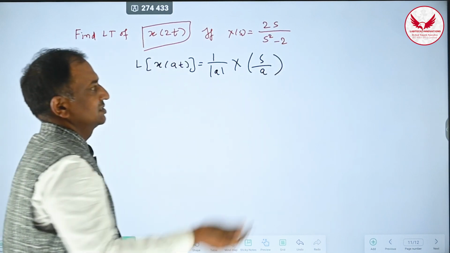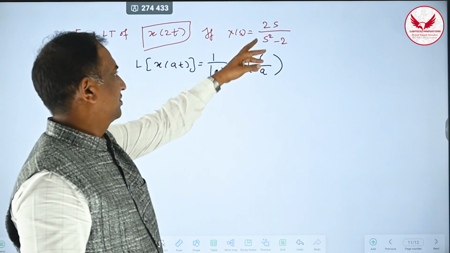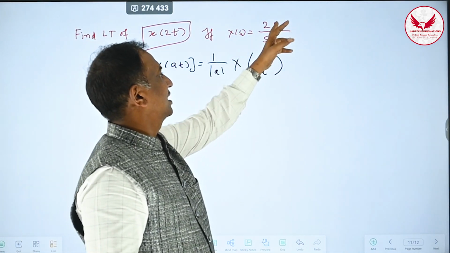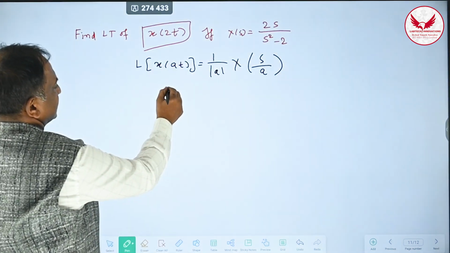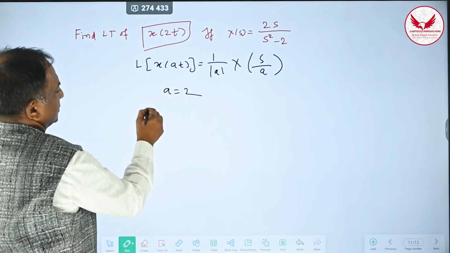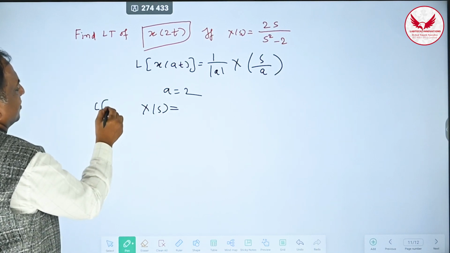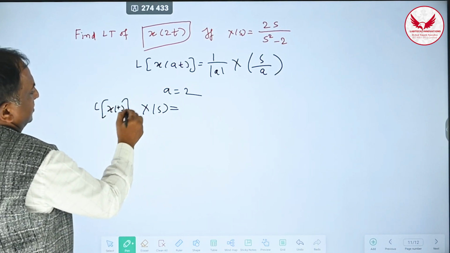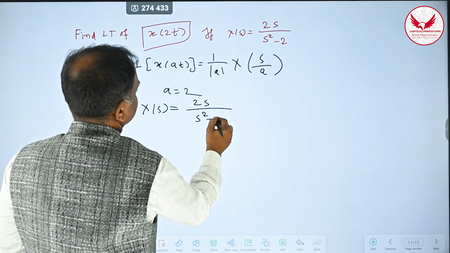You just recall this property. x of s is given, and wherever s is there, you replace s by s upon a. Comparing, a is equal to 2. So x of s, the Laplace transform of x of t, is equal to 2s upon s square minus 2.